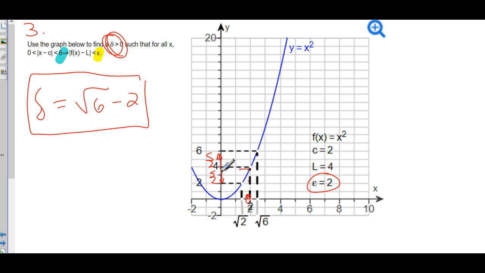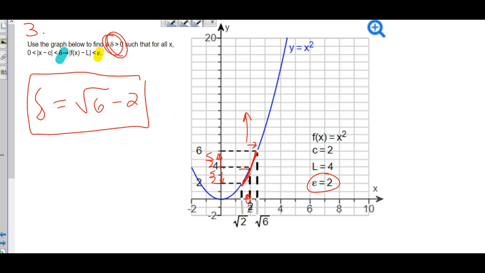Because this part right here is steeper than this part right here, we didn't have to go as far right to go up the same as we went down. So this little part is smaller.